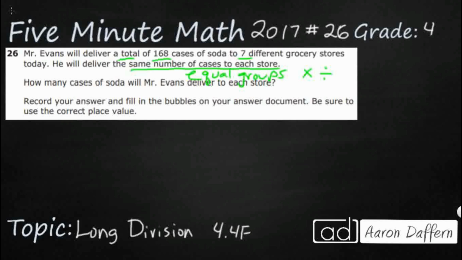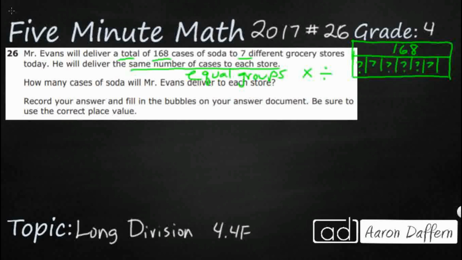Well, if we wanted to take a look at that as a strip diagram, we could do that right here. And we could say we've got our total of 168. And we know we've got 7 stores. So pretend that each of those are exactly equal. I try to make them as equal as possible.